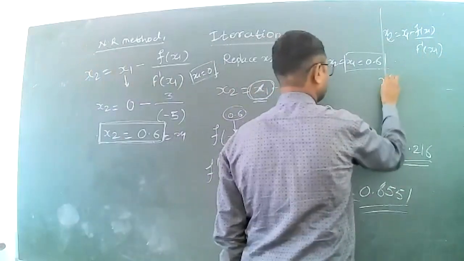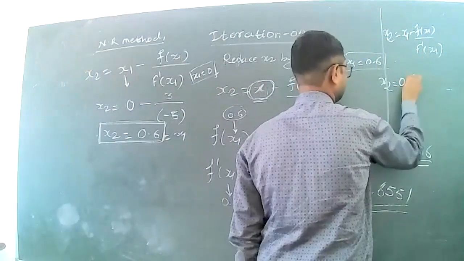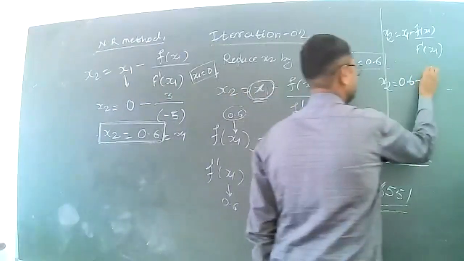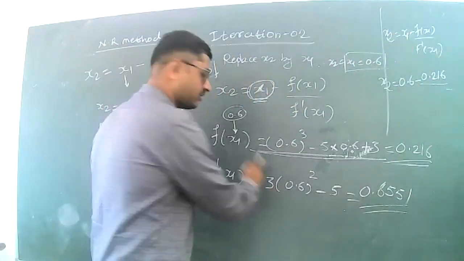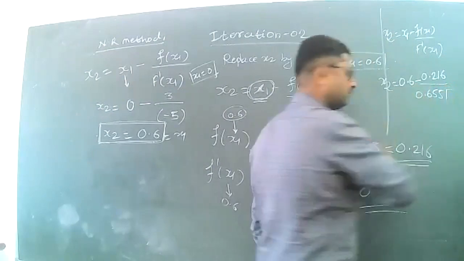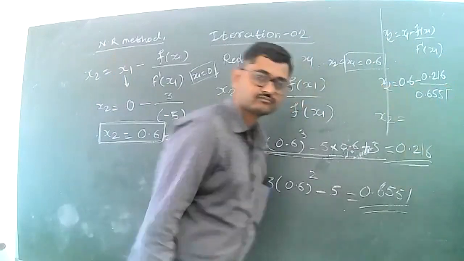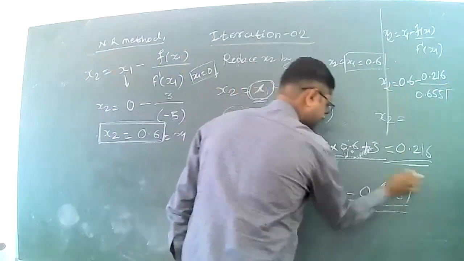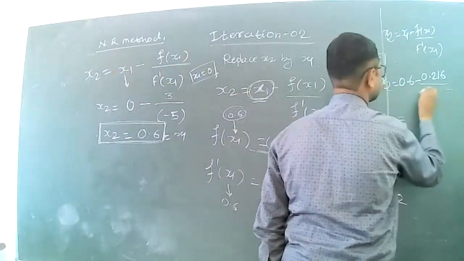Here x1 is 0.6, f of x1 is 0.216, and f dash of x1 is minus 3.92.